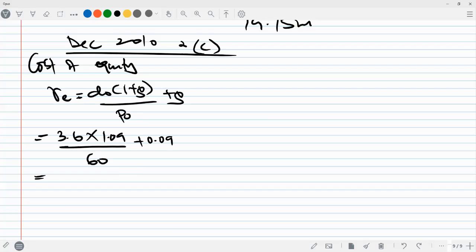The cost of equity using the dividend growth model is 15.54%.